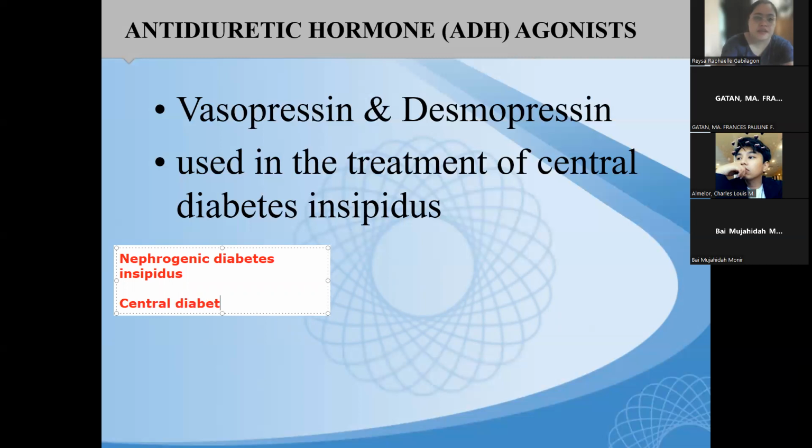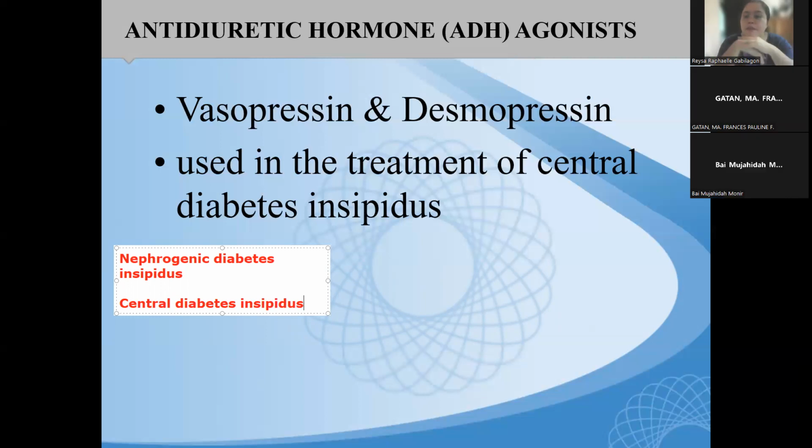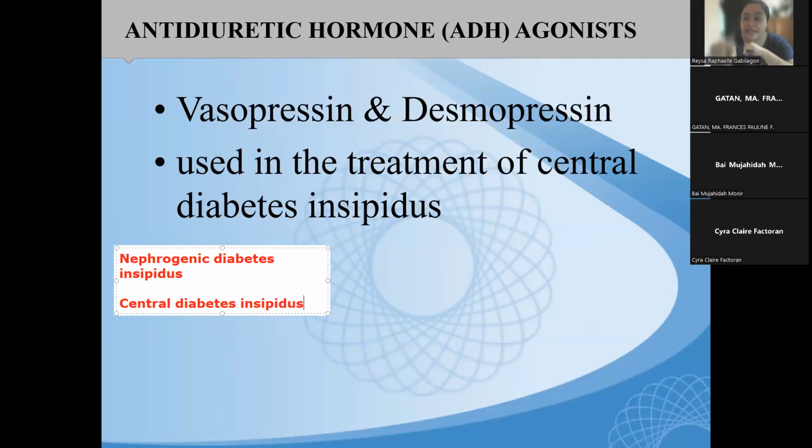Central diabetes insipidus. The difference is, for people with central diabetes insipidus, the problem is they don't have enough antidiuretic hormone, which means their brain is not really producing enough ADH. That is why it is central, because the problem is in the brain itself, the part of the brain that produces the ADH.